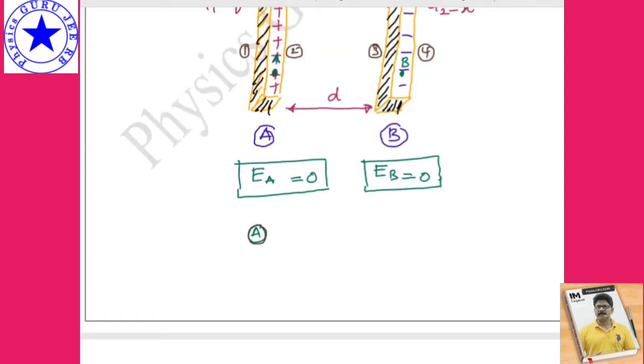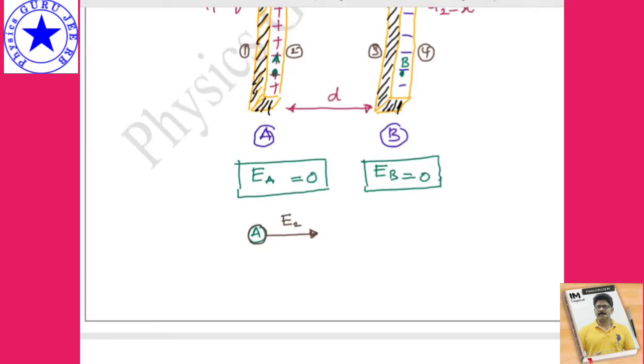The first one, if it is a positive charge, is directed away from the positive charge. So due to the second surface, E2 is away from the positive charge, since the positive charge is distributed on the inner side.